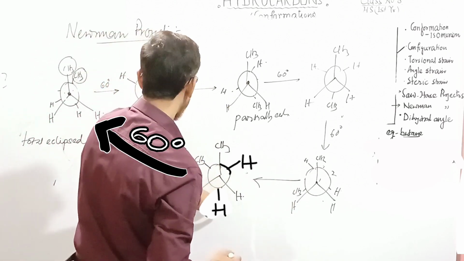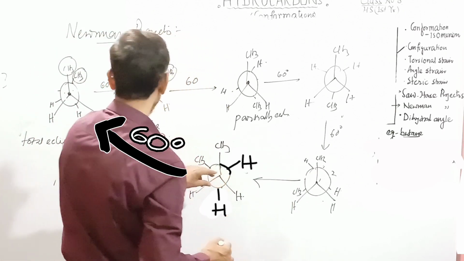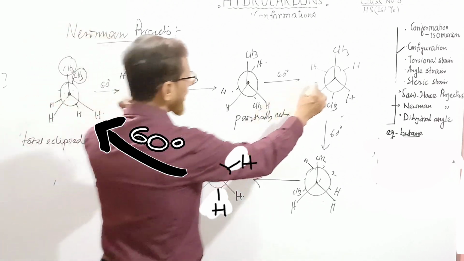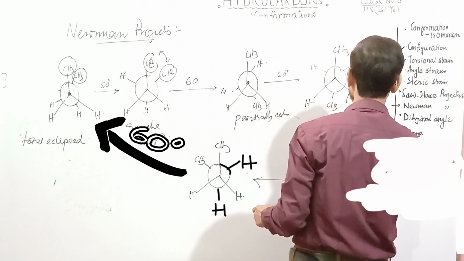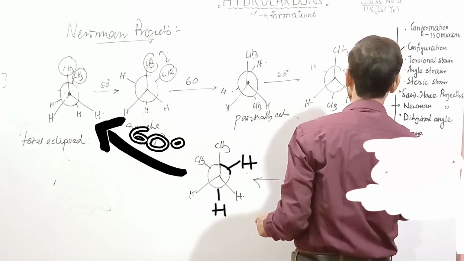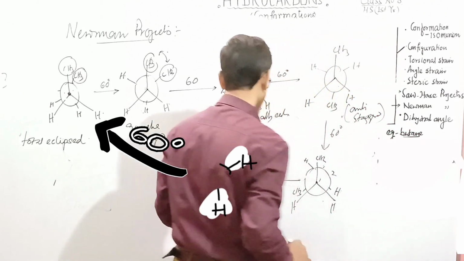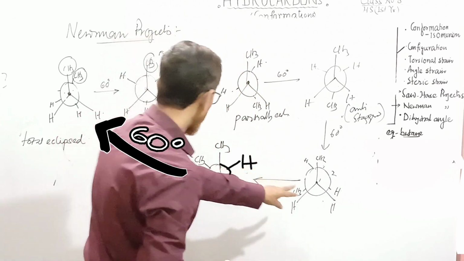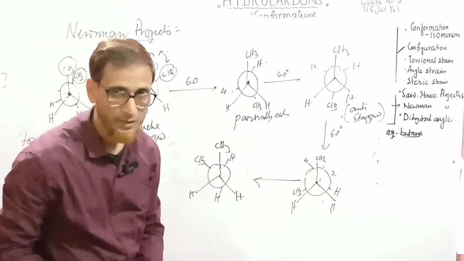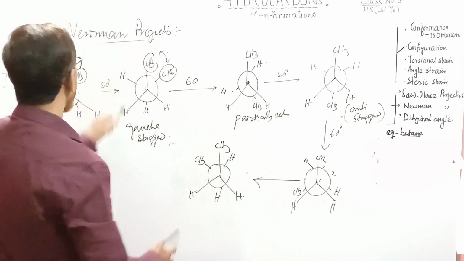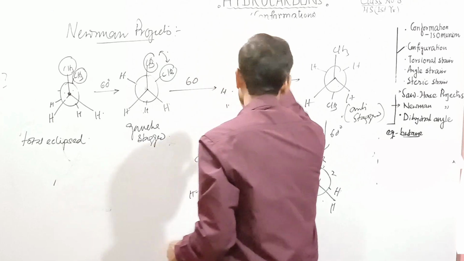And this is totally staggered. It is anti-staggered. You can write anti-staggered, and this is partially eclipsed like this. So due to this rotation, we can get the Newman projection like this.